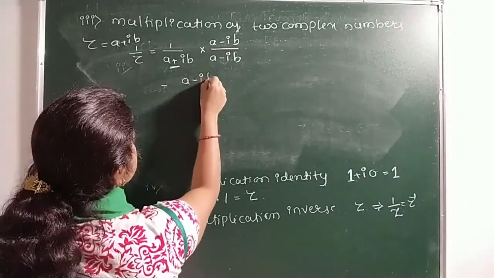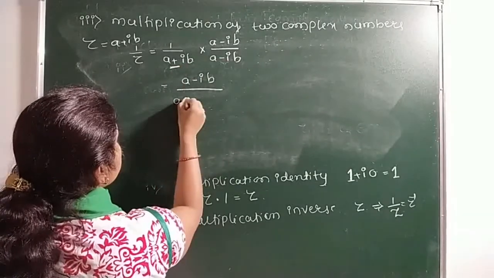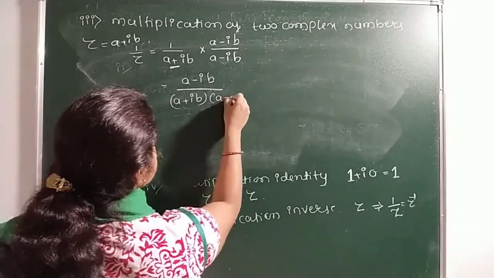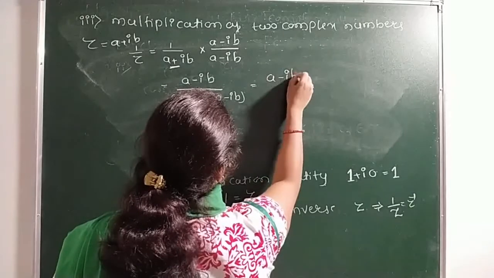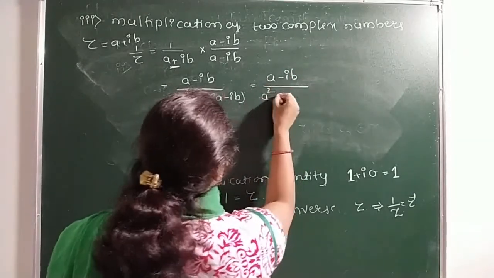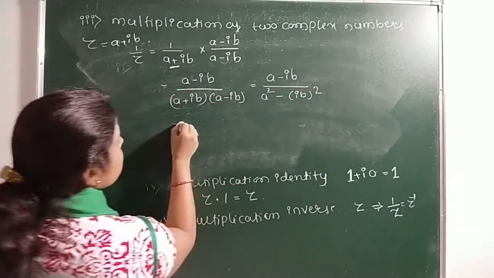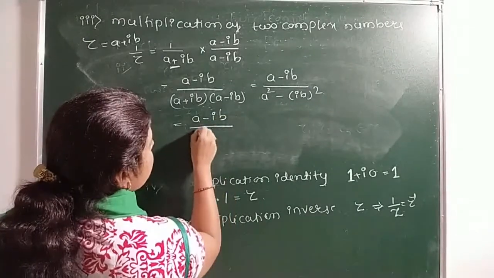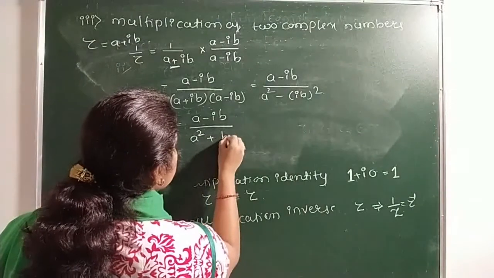A minus ib. Here the a plus b and a minus b form gives a square minus b square. So a plus ib times a minus ib is a square, i square means minus 1, minus minus becomes plus b square.